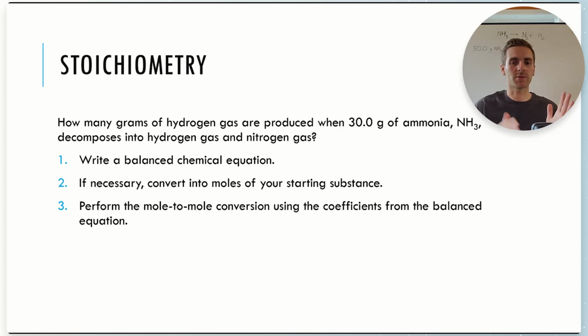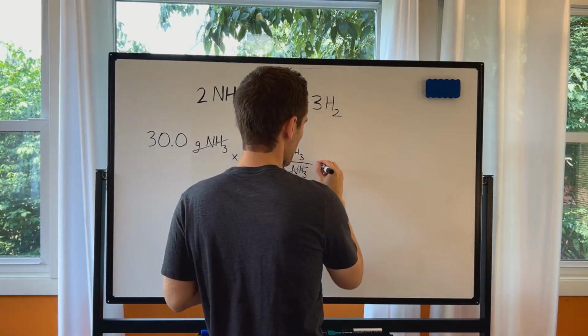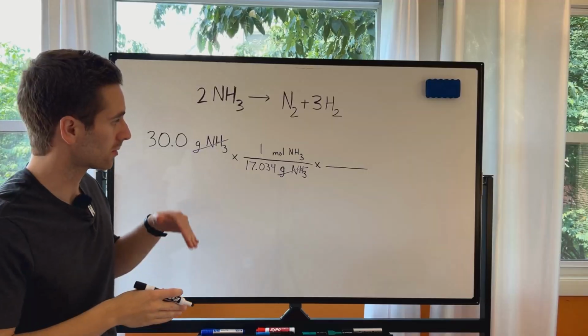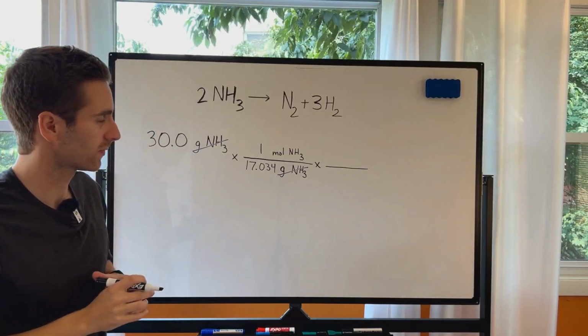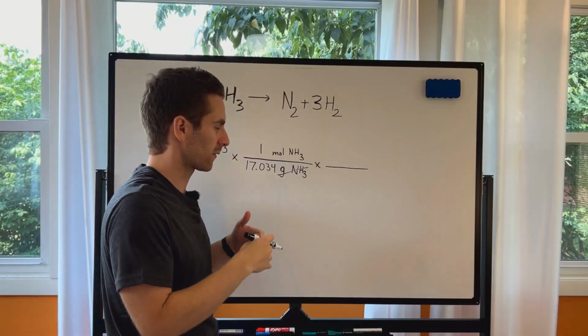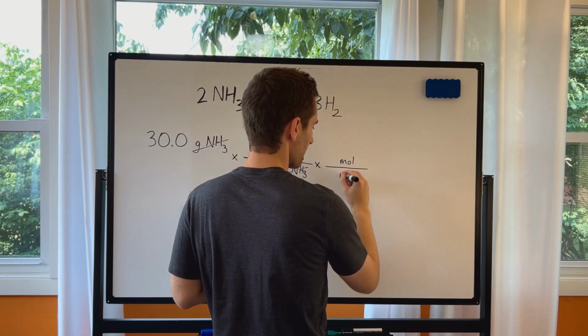That means going from moles of the starting substance to moles of the ending substance, using the coefficients from the balanced equation. Now that we're into moles, we can do the step that's new in this video, which is the mole to mole conversion. If we're going mole to mole, we put mole on top and mole on the bottom.